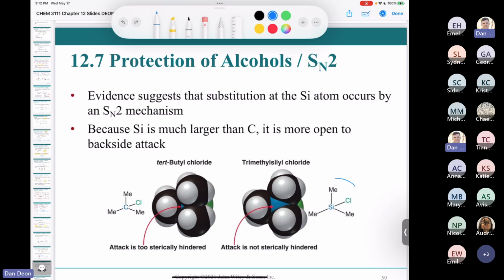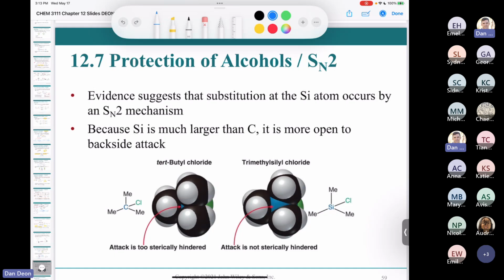Well, when you have a trimethyl silyl chloride, you can do an SN2 on it. And if you're like, well, why can I do that? It's because silicon comes below carbon in the periodic table. Therefore, it's bigger, and since it's bigger, it leaves an opening here so that it can do a nucleophilic attack and loss of leaving group. That's enough about that. I don't know if I'd ever ask a question about that. I don't even know if I ever have. Okay, but it's good food for thought.